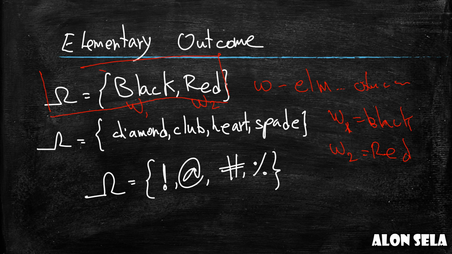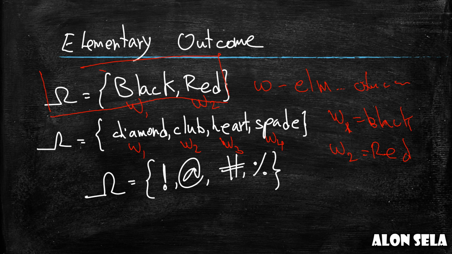We have two outcomes for this sample space. Now let's consider the second sample space that we saw, in which we have diamonds, club, heart, and spade. So we have four elementary outcomes. Diamonds was the first outcome, clubs was the second outcome, heart was the third outcome, and spade was the fourth outcome.